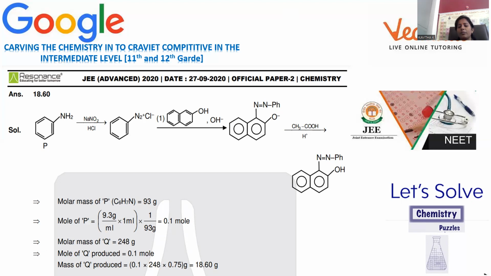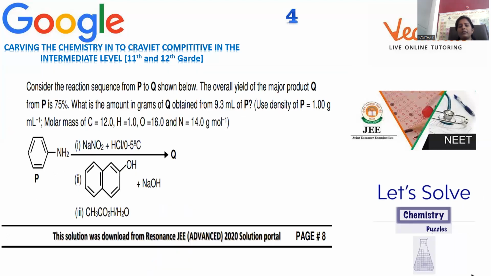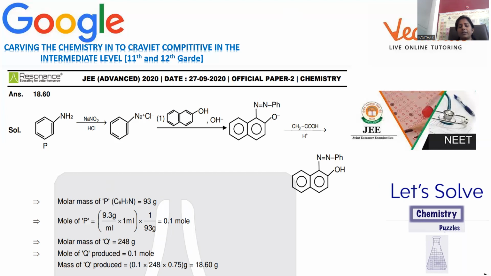Why are we taking 0.75? Whatever P starting material was taken, only 75 percent reacted. 75 by 100 becomes 0.75.